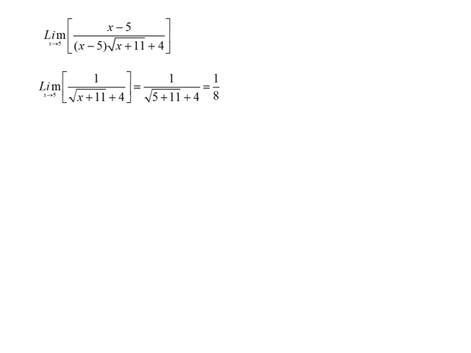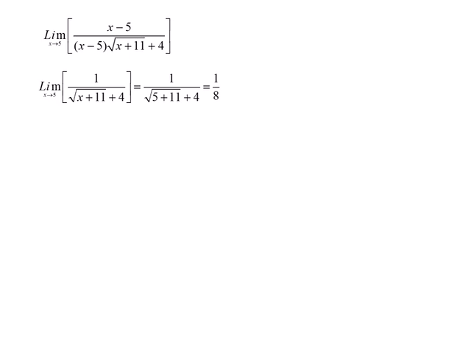So we now have our answer as 1 over 8, because you substitute the value of s, which is 5, where we have s. That means we get 1 over square root 5 plus 11 plus 4, and square root 5 plus 11 gives us square root 16. And what is square root 16?